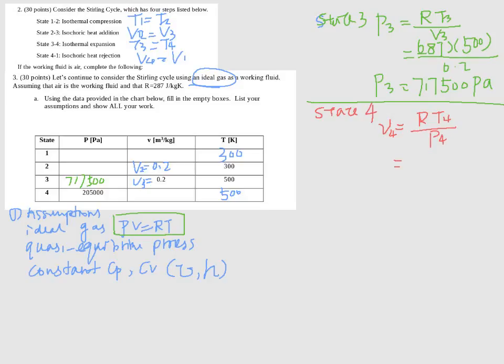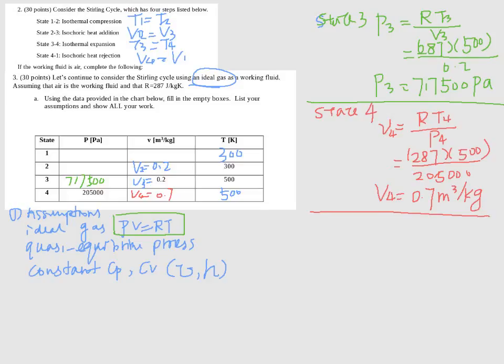Let's plug and chug. R is 287, T4 is 500 K, and the pressure is 205,000. This gives us the volume at state 4 is 0.7 meter cubed per kg. Now we can put V4 equal to 0.7 in this box.